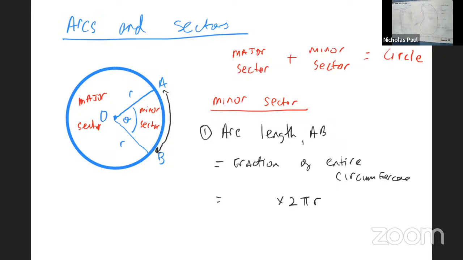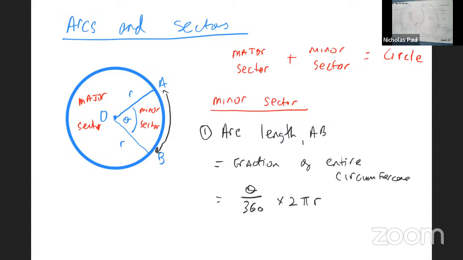Any guess? One quarter? No, I didn't give you an exact value. Okay, Justin? Theta over 360. So whatever theta is, that value over 360. So that's the way you find the arc length. Are you okay with that?